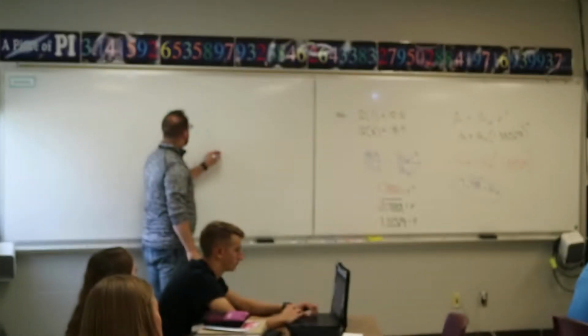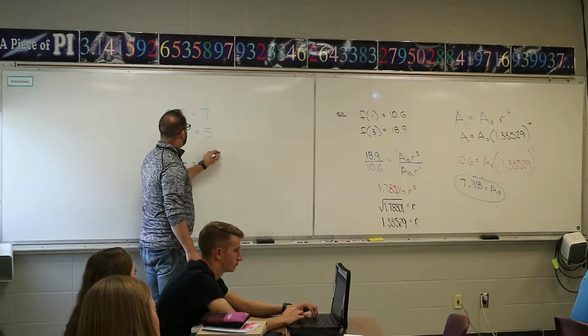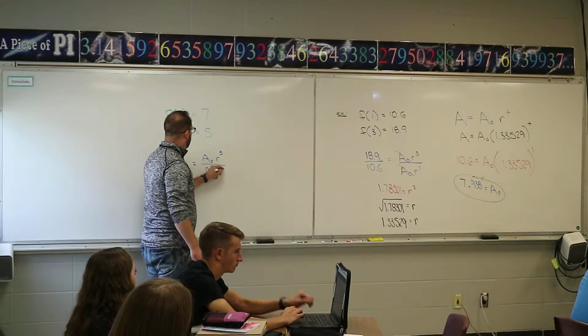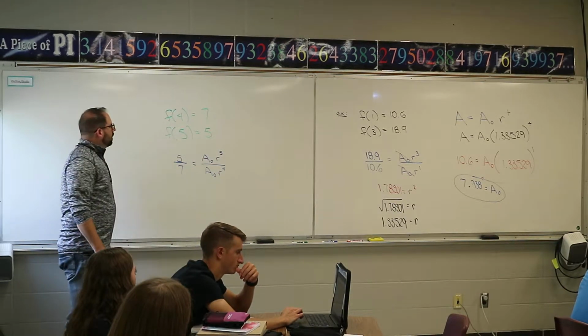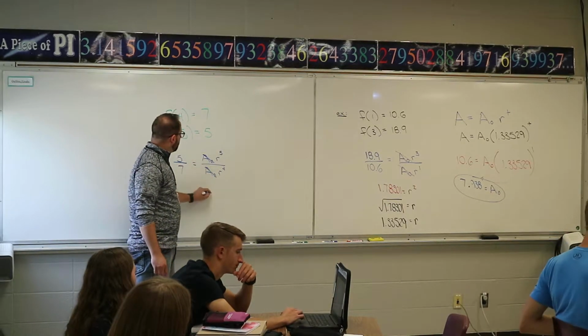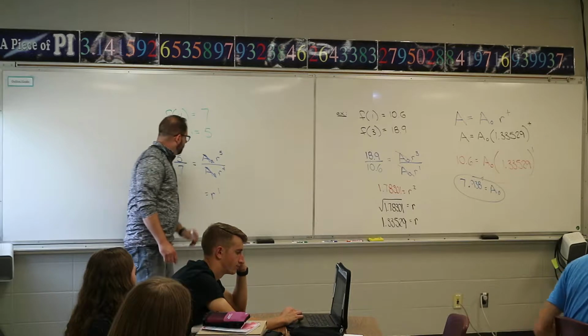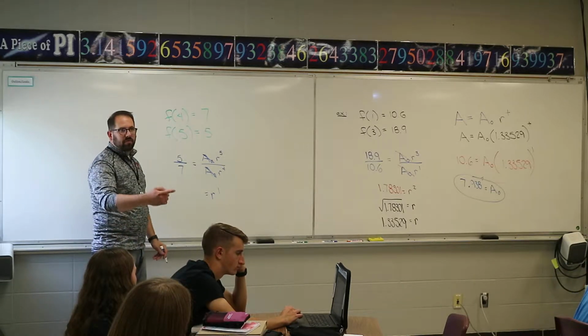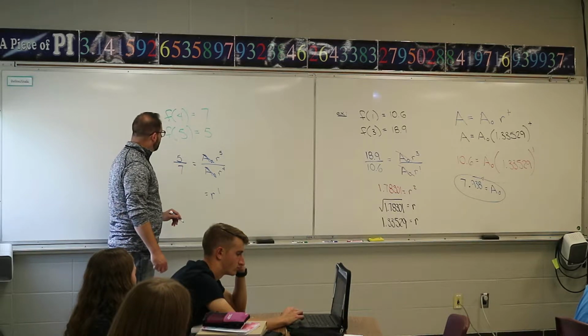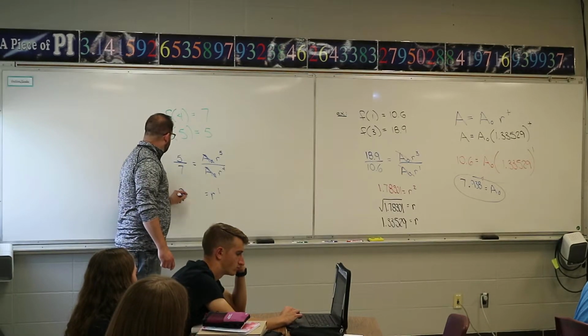This would be a to the 0, r to the 5. This would be a to the 0, r to the 4. So what happens here? The a's would cancel out. This would be r to the first power, because 5 over 4 would simplify. And when you divide 5 by 7, we get some weird decimal, 0.714.